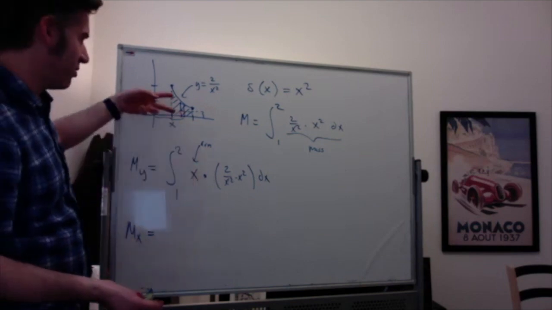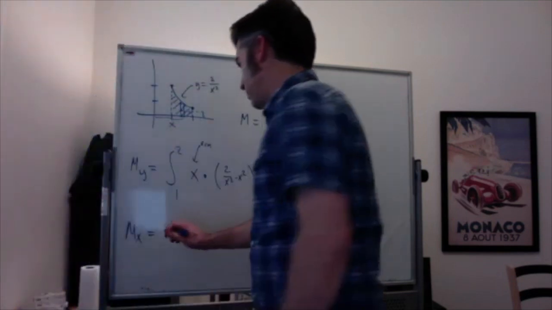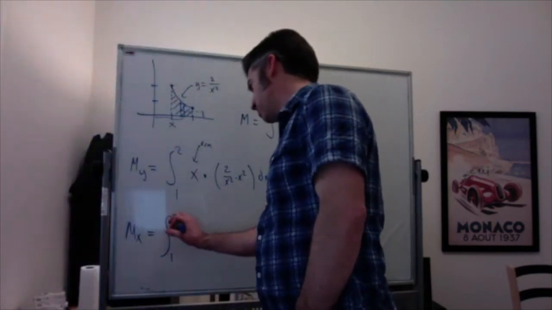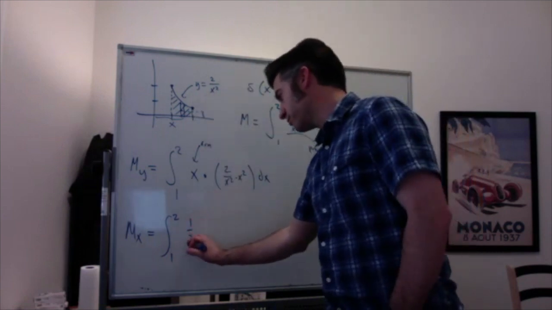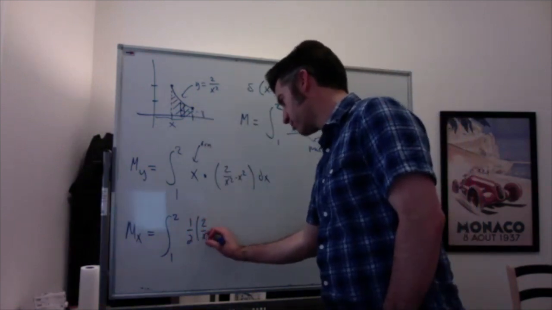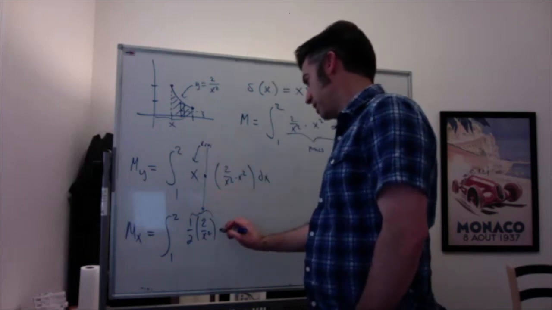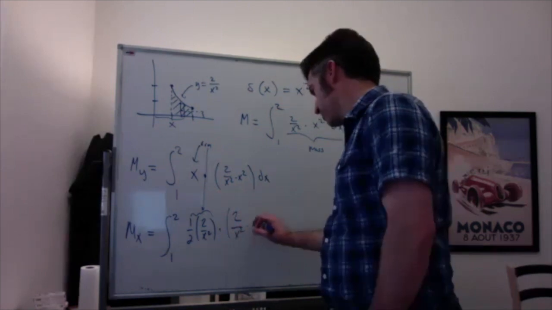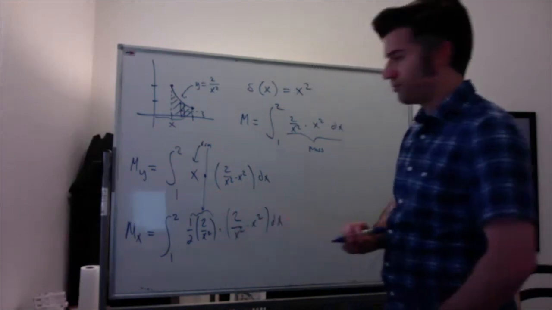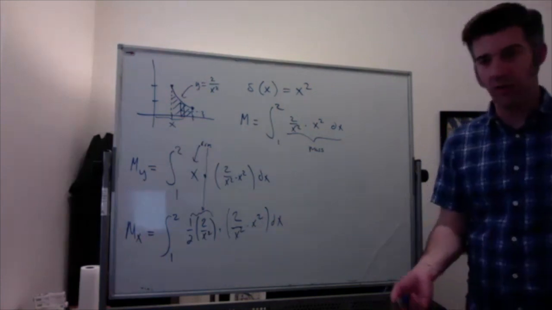Or really, it's the average of the height, but since the bottom one's 0, it's 1/2 height. So the moment around the x-axis is going to be the integral from 1 to 2 of 1/2 of my function, that's my lever arm there, times the same thing here. Okay, so this is not too incredibly gross.